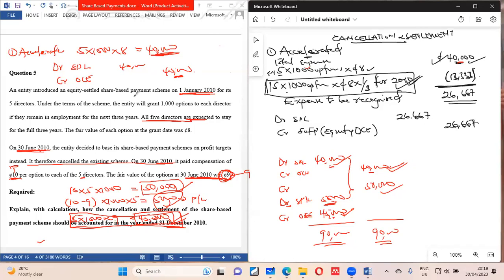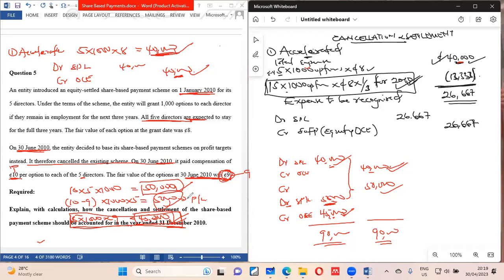So this is a cancellation that is happening in the same year of the issue, the agreement. So you accelerate, then any payment made up to the fair value of the equity instrument at the cancellation date or at settlement is treated as a deduction. That is any payment. So this is the payment.